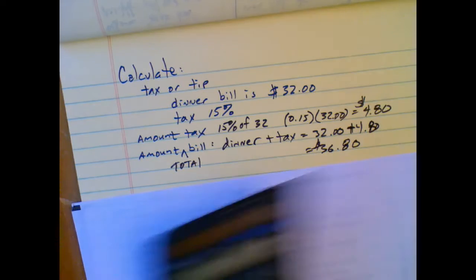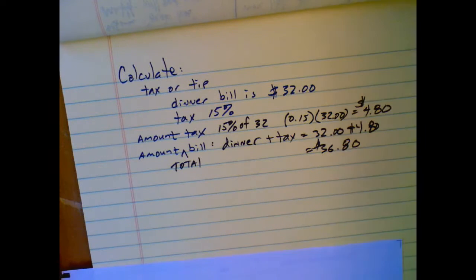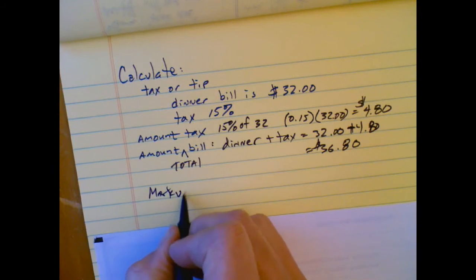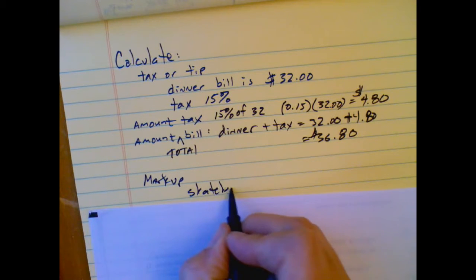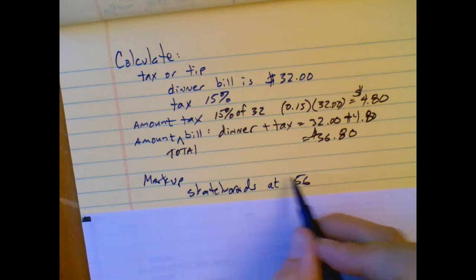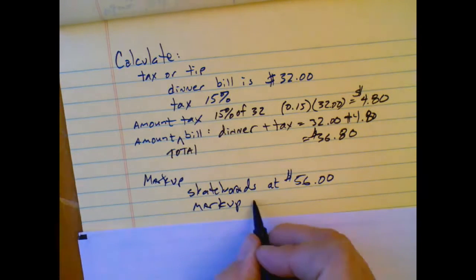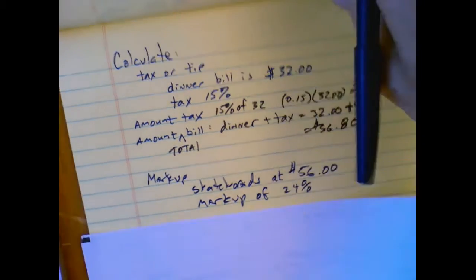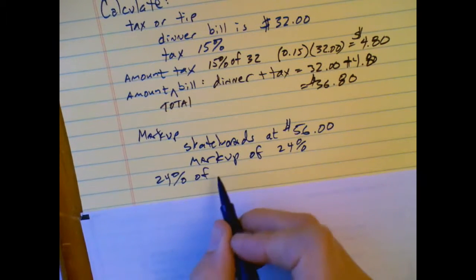We could have a similar kind of calculation with markup. If I gave you a markup problem, and I tell you, say you buy skateboards at $56, and you have a markup of 24%, I first need to find out what is 24% of $56.